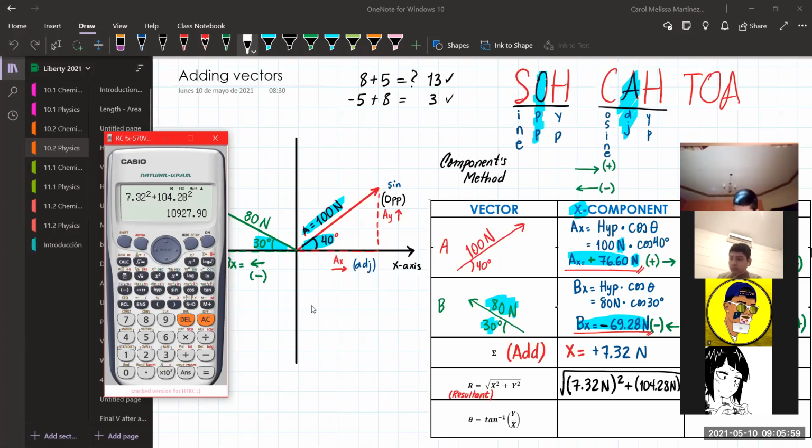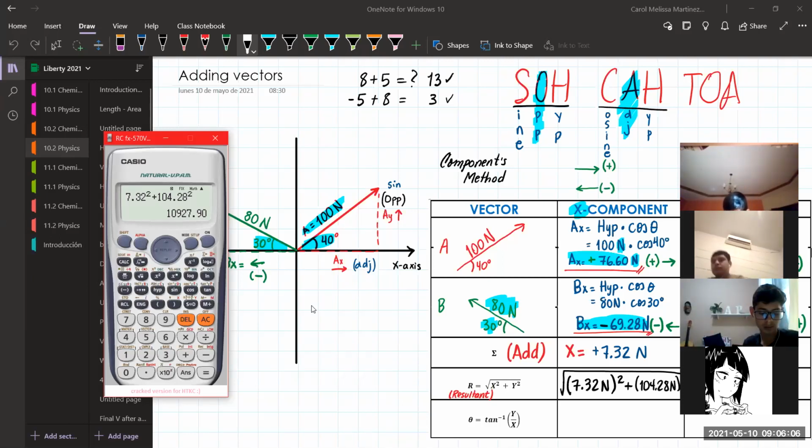Okay, so this is the square root of 10,927.90, and these are Newton to the second power. The second power of the Newton is going to be cancelled with the square root.